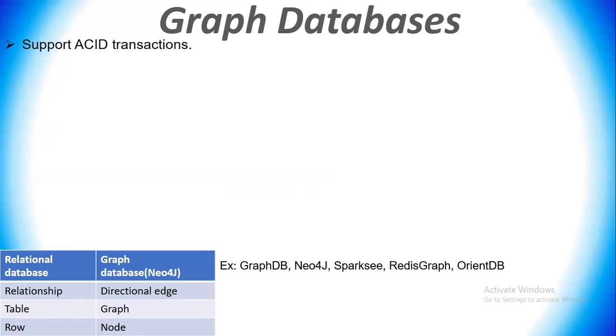These also support ACID transactions, and the transactions are not, in this case, limited to rows. The transaction can go up to the whole graph. If you want, you can retrieve the whole graph at once, with relationships.